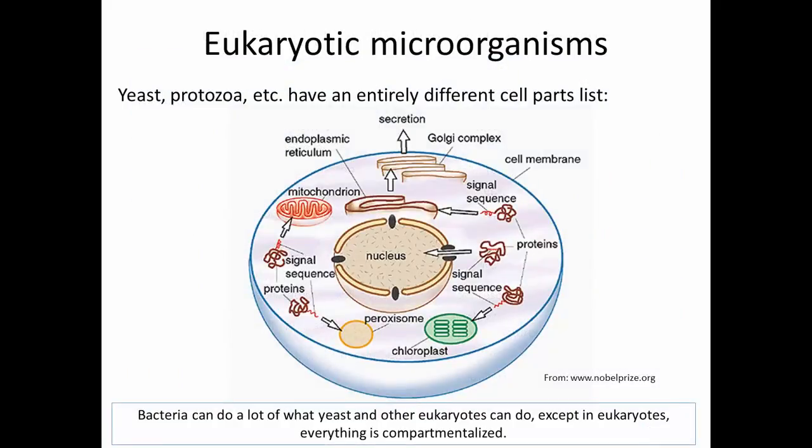So eukaryotes. Eukaryotes have an entirely different cell parts list. Although they do have things like they have DNA, they have proteins, they have ribosomes, things like that. They have these fancy structures known as organelles. Nucleus where the DNA is stored, things like the endoplasmic reticulum where proteins go to be fully matured.